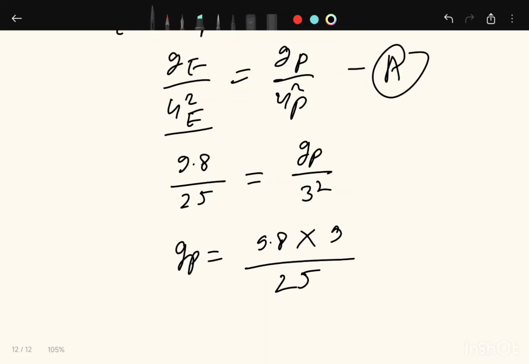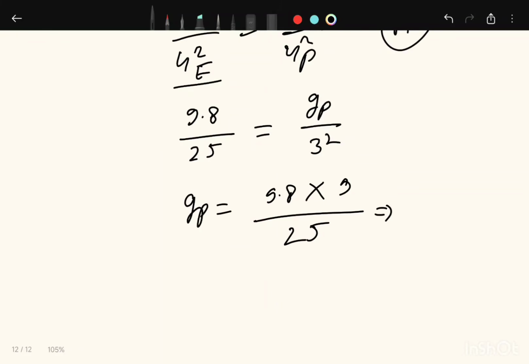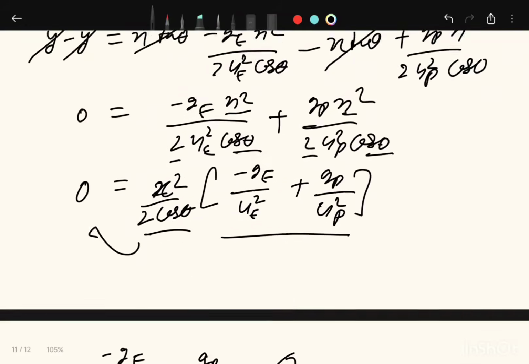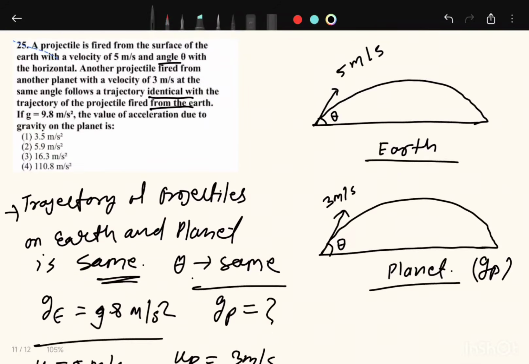If you solve it further, Gp comes to around 3.5 meter per second square. Okay, got it? So option A is correct, right?